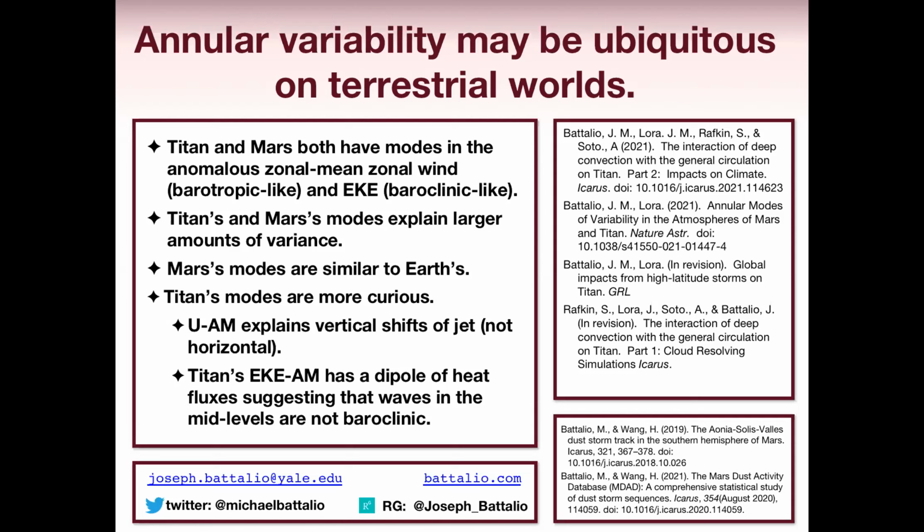So those are fairly well constrained. They have their issues, especially Martian reanalyses, because there's just not nearly as much data for Mars as there is for Earth. There are dozens and dozens of satellites around Earth, but only like 2 for Mars, and then 0 for Titan. So we need more data.